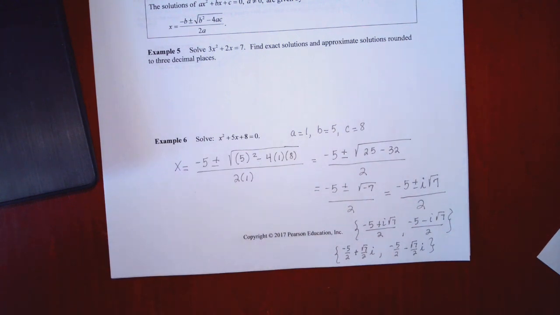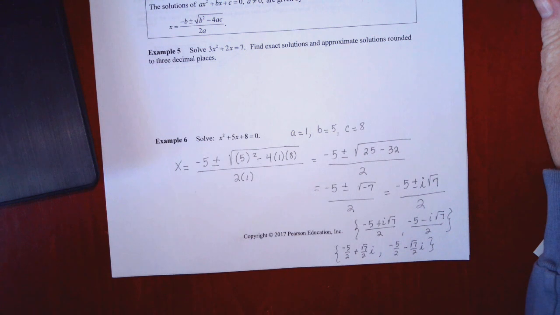Okay, the i will always be outside. Sometimes I put it in front of, just so I can tell that it's not underneath. But pay attention to how they ask you to write your answers. It depends on how they ask you to leave your answers. Sometimes they'll ask you one way, sometimes another.